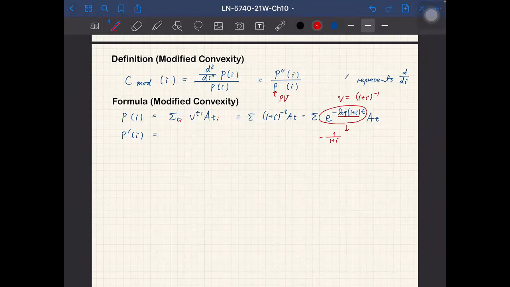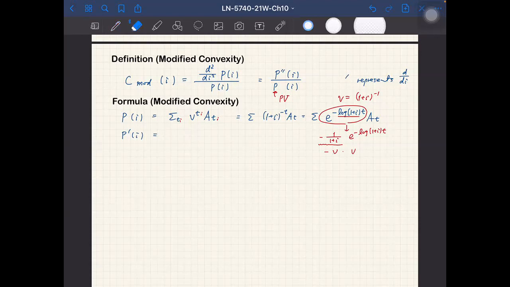Then we do the same thing: e to the power negative log of 1 plus i times t. The coefficient is negative v, and t is constant here.